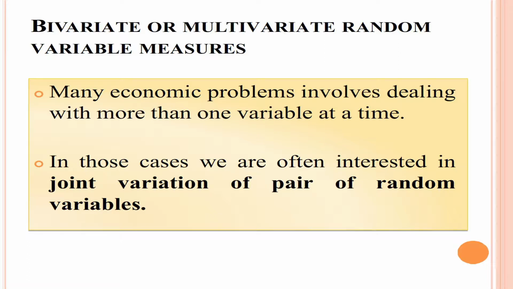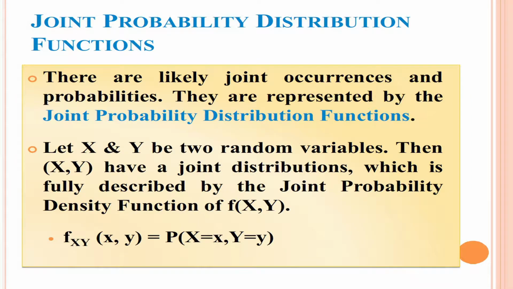Many economic problems involve dealing with more than one variable at a time. In those cases, we are often interested in the joint variation of a pair of or more than two random variables. There are likely joint occurrences and probabilities. They are represented by the joint probability distributions.